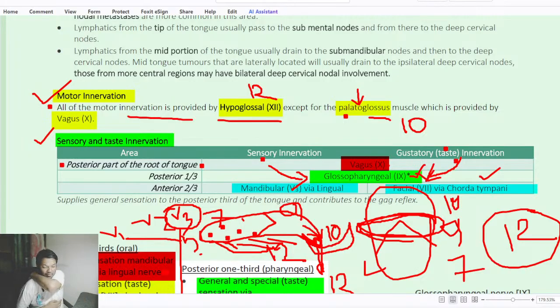But it is better to remember general sensation and special sensation. General is lingual and special is chorda tympani in the anterior two-thirds, and the posterior one-third is general and special both glossopharyngeal. Excellent. If you answer like this in Part B, you will get the highest mark and full mark. I guarantee.